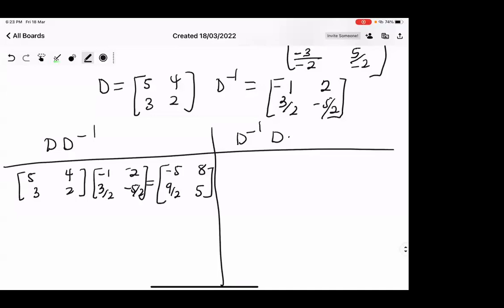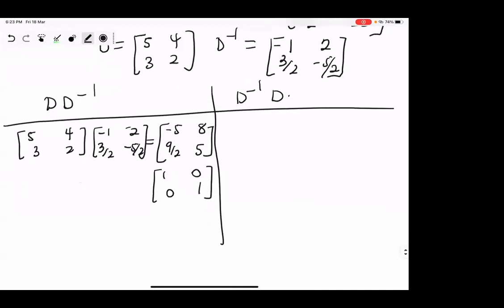Is that correct? Yes. D times D inverse is 1, 0, 0, 1. Any other different answer?